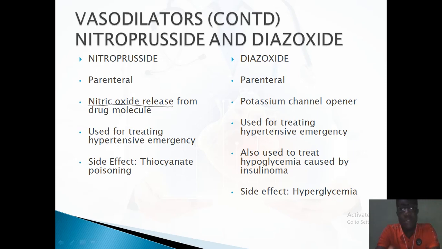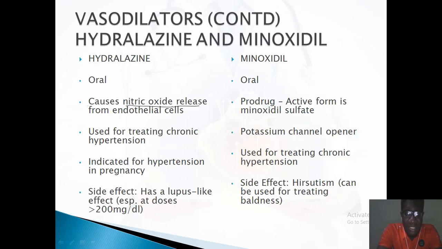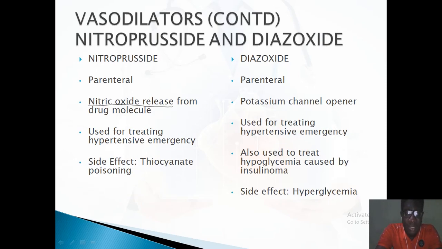But the difference between the both of them is that nitroprusside causes nitric oxide release from the drug molecule, but hydralazine causes nitric oxide release from endothelial cells. So this is for treating hypertensive emergency because, of course, parenteral, short duration of action. Side effects: thiocyanate poisoning, very, very important for MCQ.